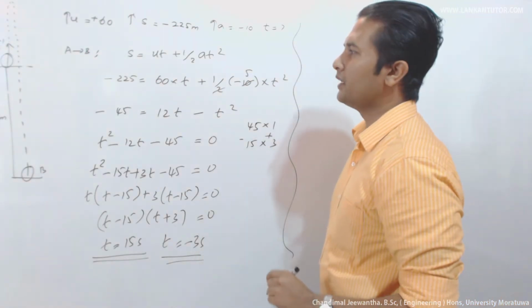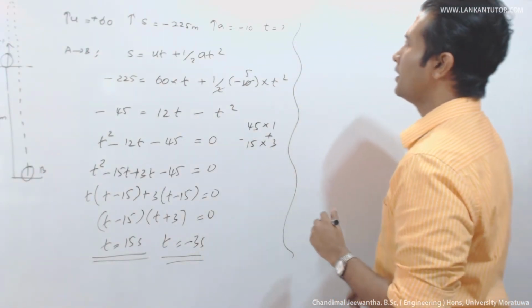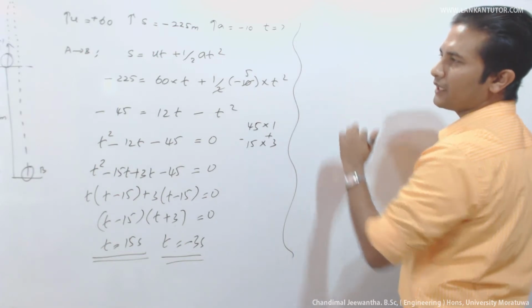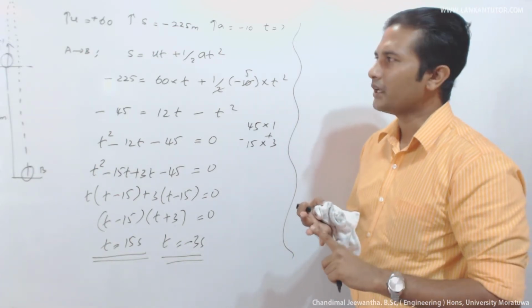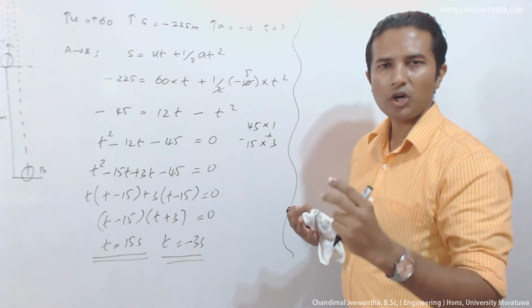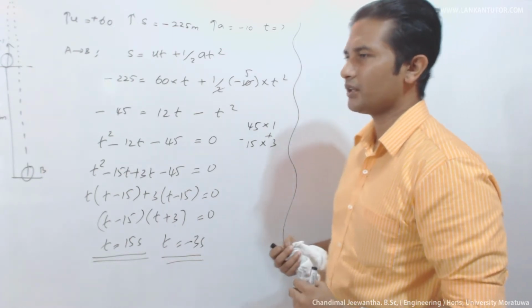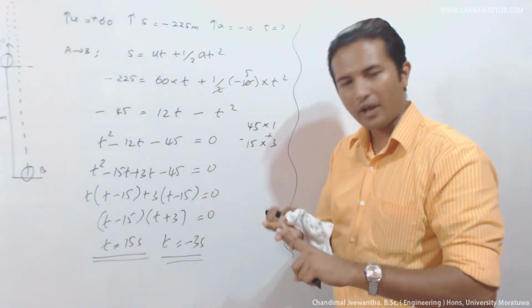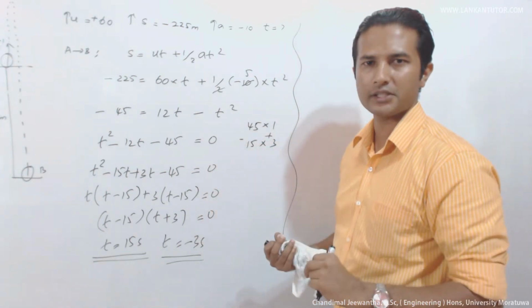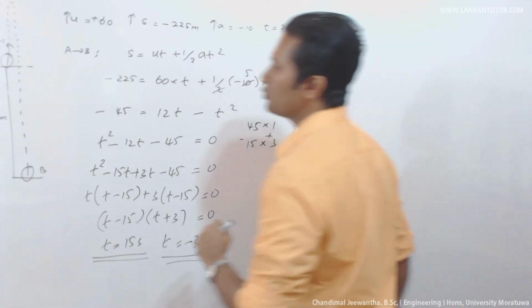Considering that question, we can find the displacement and the velocity when the time taken by the object is 2 seconds. So how would you find the displacement and the velocity when t equals 2 seconds?